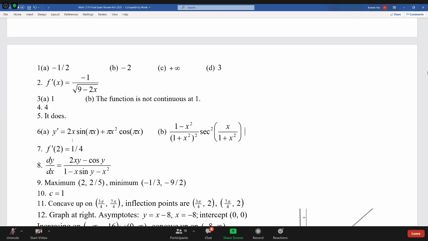Number 6a, see? Same answer: 2x sine pi x plus pi x squared cosine pi x. And 1 minus x squared over 1 plus x squared, squared, and secant squared. So we have finished. Same answer. Now let's look at number 7.